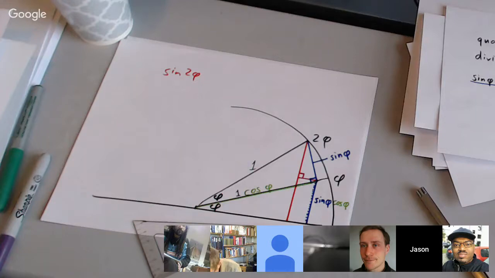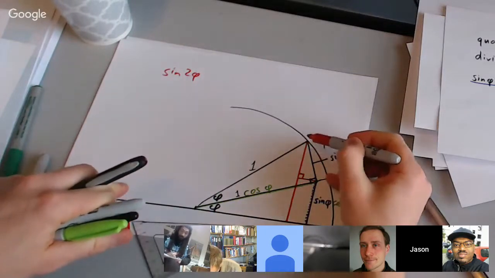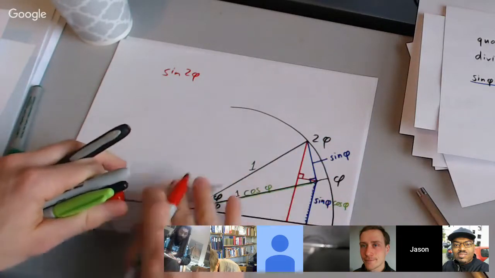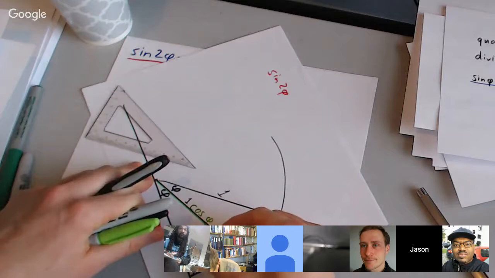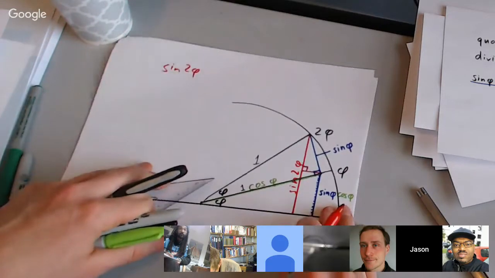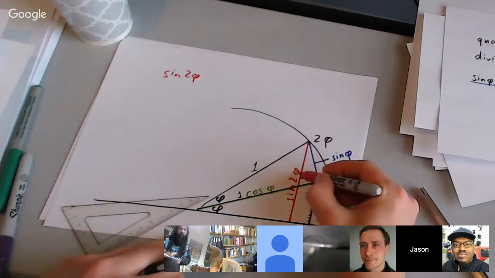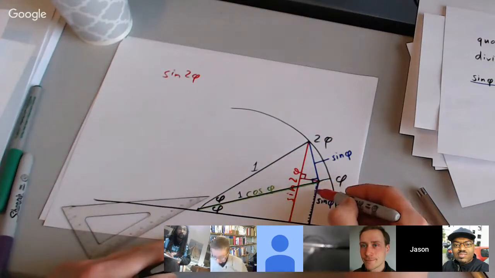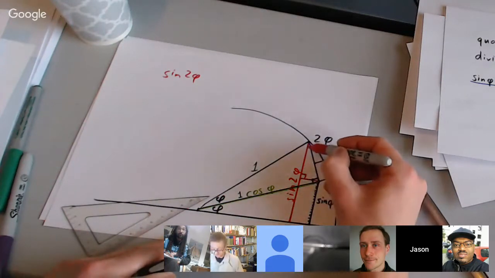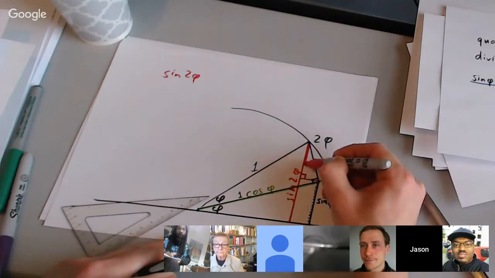So the hint is that the full sine of 2 phi that we're looking for, the whole vertical length, is made up of this part that we already found and this remaining portion.